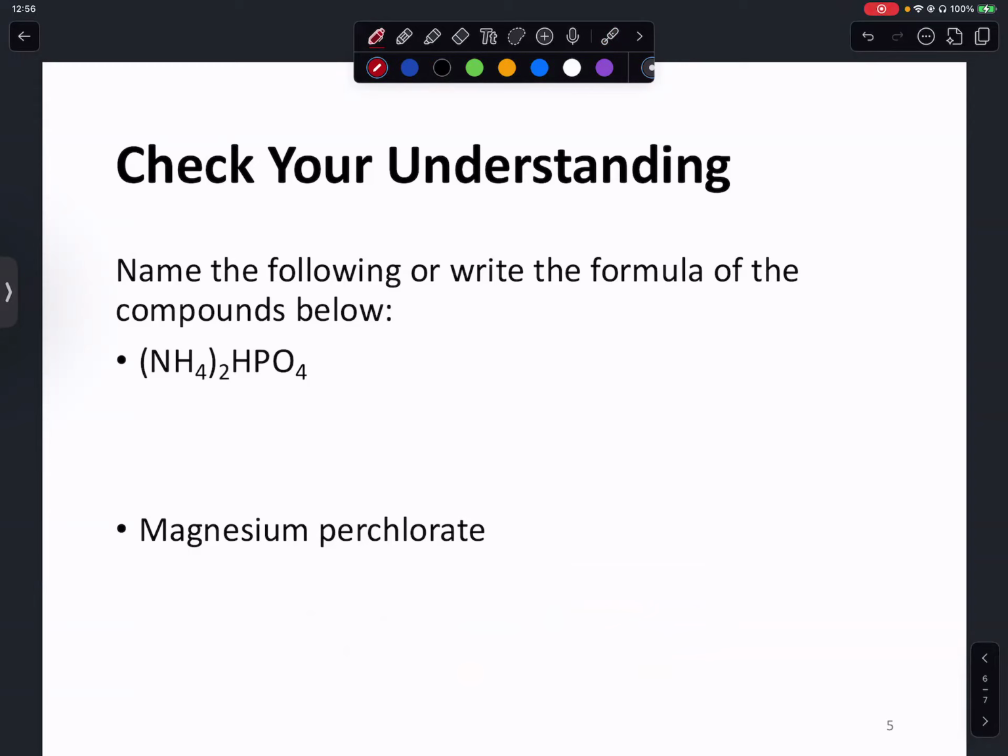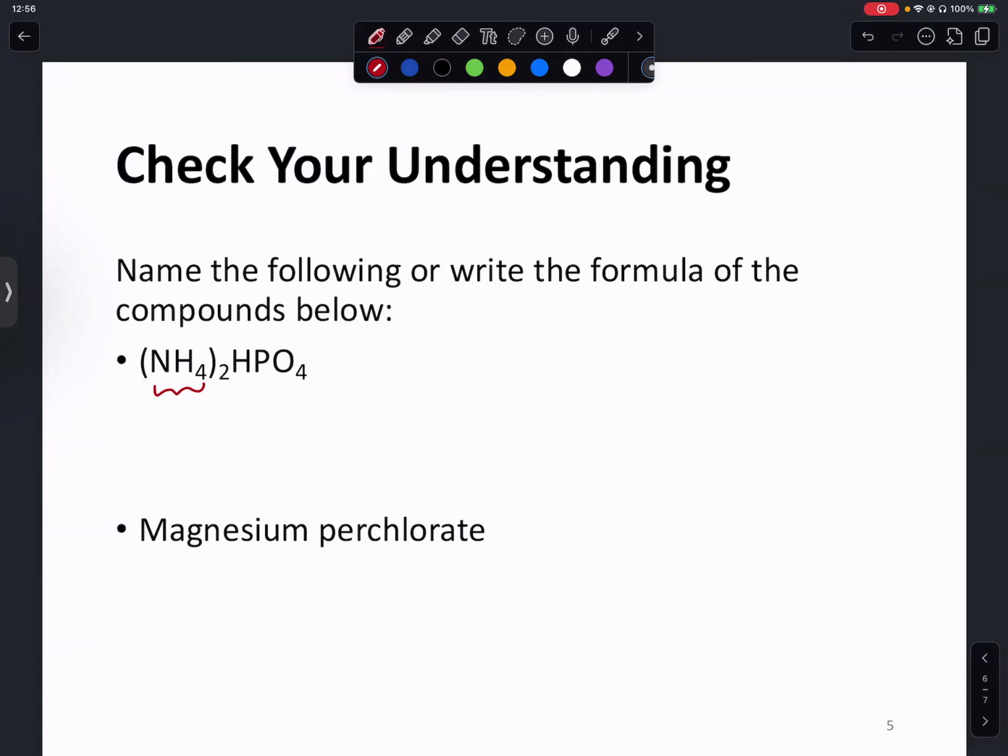So for the first example right here, we have NH4 twice HPO4. So let's start with the first portion. Because this is a polyatomic compound, it actually contains two types of polyatomic ions, a cation and an anion.